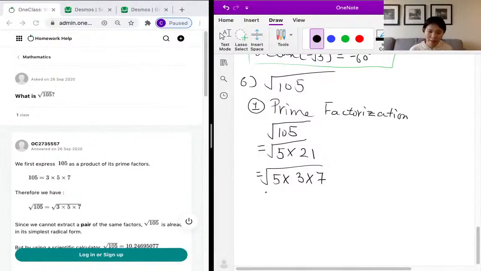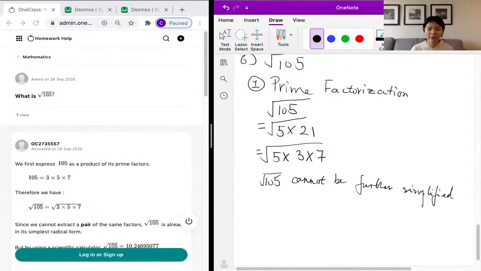However, we notice that the square root of 105 cannot be further simplified, because there isn't a pair of factors for the square root of 105.